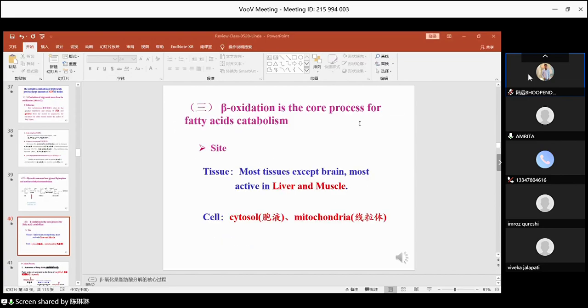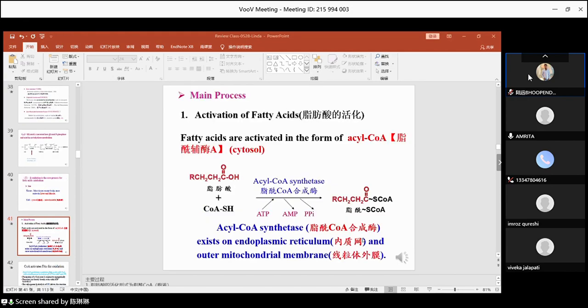And most importantly, you should remember the process of beta oxidation of fatty acids. Beta oxidation is the core process of fatty acid catabolism. The first thing you should remember is that it happens in liver and muscle, and in cells it happens in the cytosol and mitochondria.